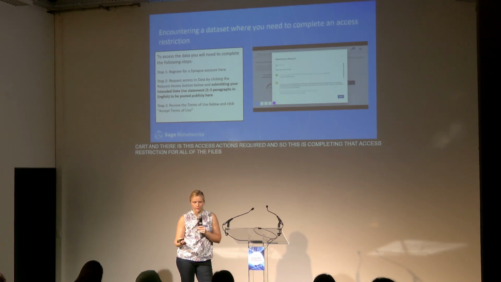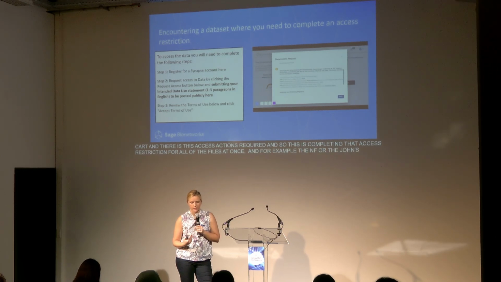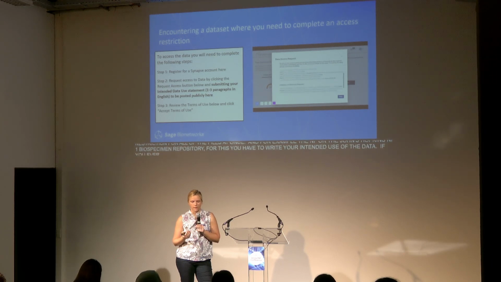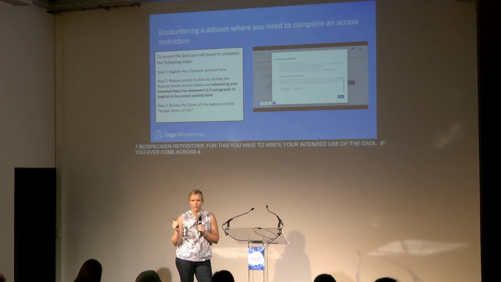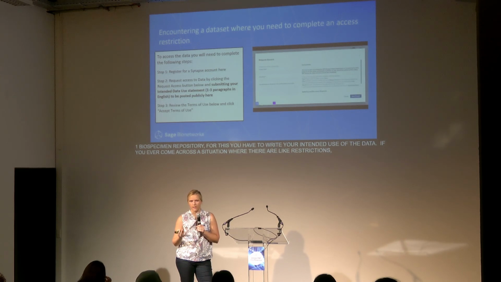For example, for the Johns Hopkins NF1 biospecimen repository, you have to write your intended use of the data. If you ever come across a situation where there are restrictions, reach out to us and we can help you understand how to know if you have access to that data.